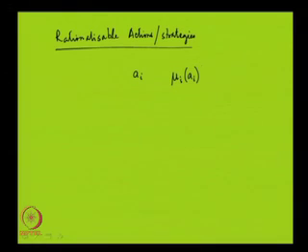Now, this logic does not stop here. Remember, when i is saying that I have some belief regarding other players' actions and that is why I am playing a_i, these other players' actions also have to be justified. So, the other players' actions which are imputed in this mu i also have to be justified according to some belief of these other players.